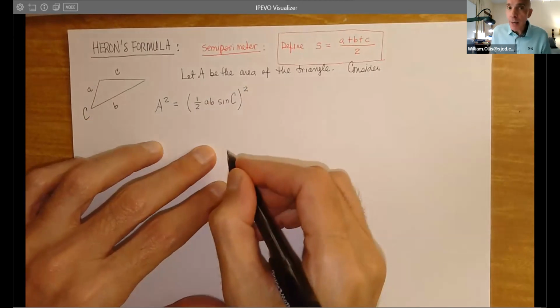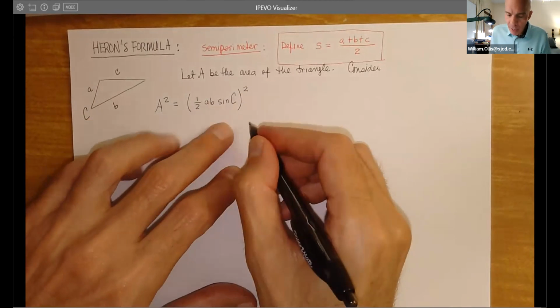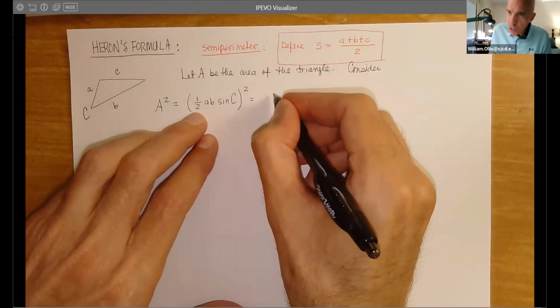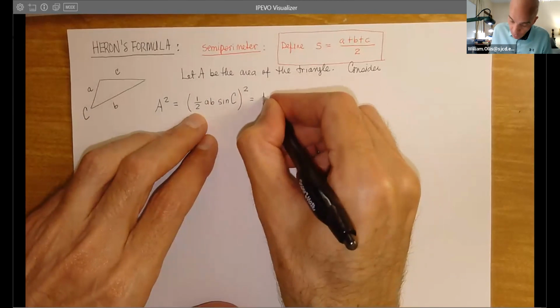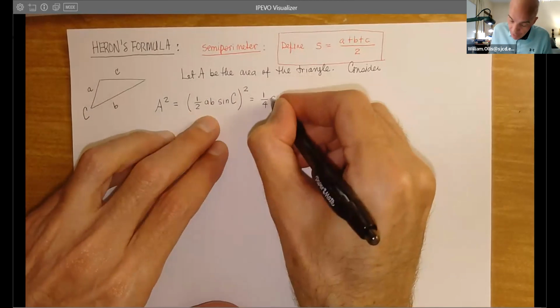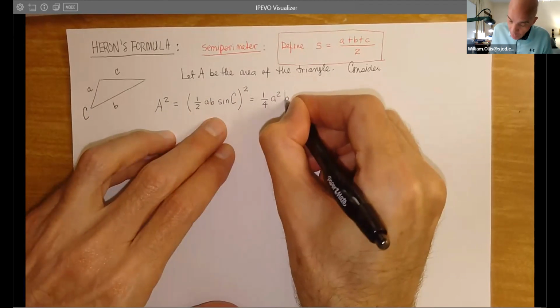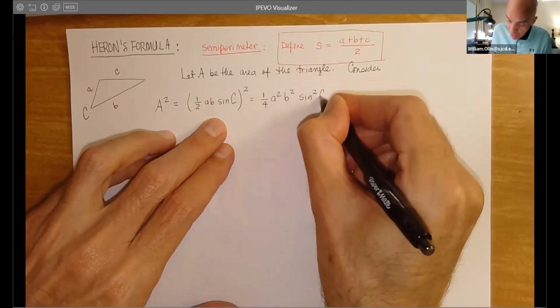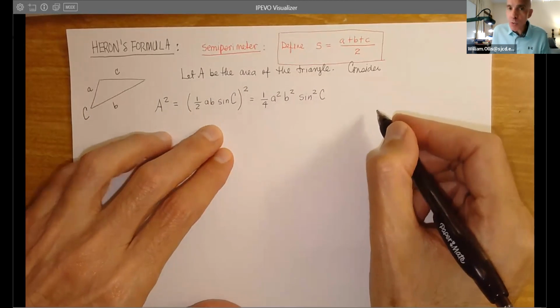Okay, so we're thinking, all right, well, here we go. So what does this equal? We've got the square of 1/2, which is 1/4, and we have a squared, b squared, and then we have sine squared of the angle C. So sine of C, quantity squared.